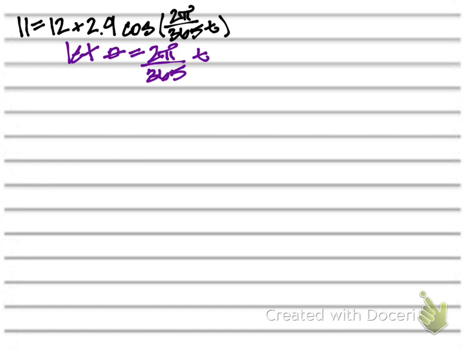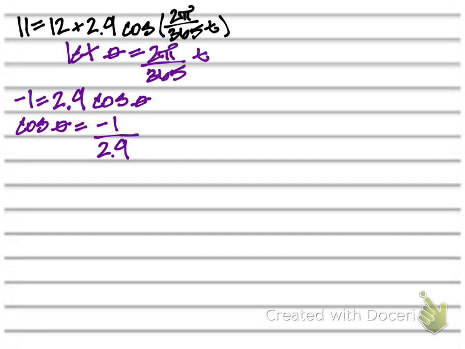So now let's rewrite our function, and we want to get it all simplified, right? So if I subtracted 12 from both sides, I'd have negative 1 is 2.9 cosine theta. And if I keep going, I would have that the cosine of theta is negative 1 over 2.9, right?